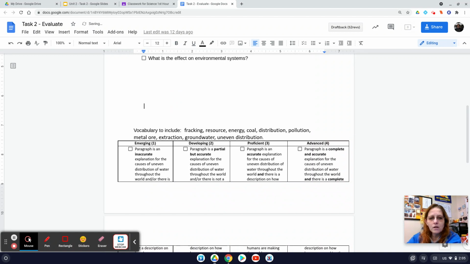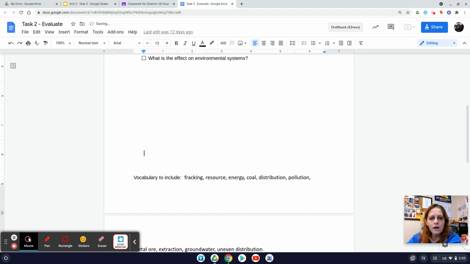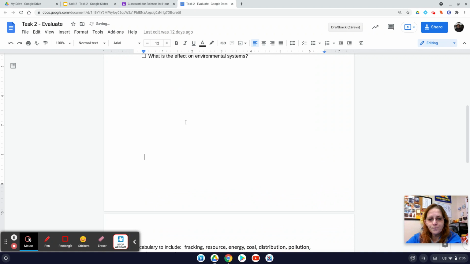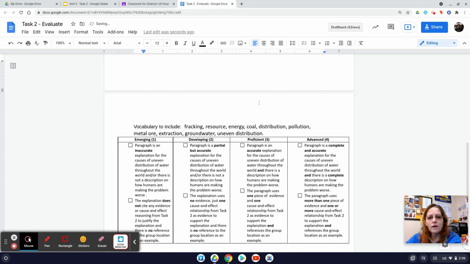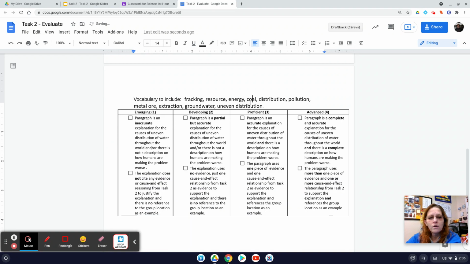Now, here is the rubric that I will be grading it from. And if you look at the rubric, I am looking for these vocabulary words, which I'm going to have to fix. This rubric doesn't have the vocab words that I'm looking for.